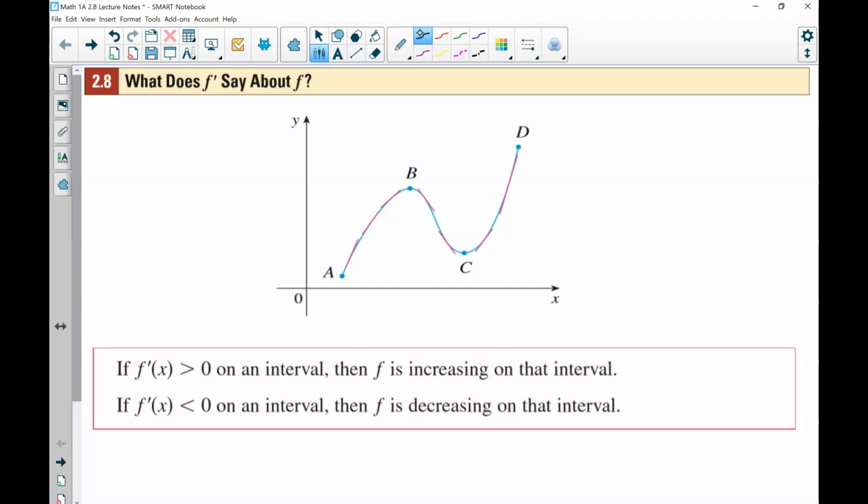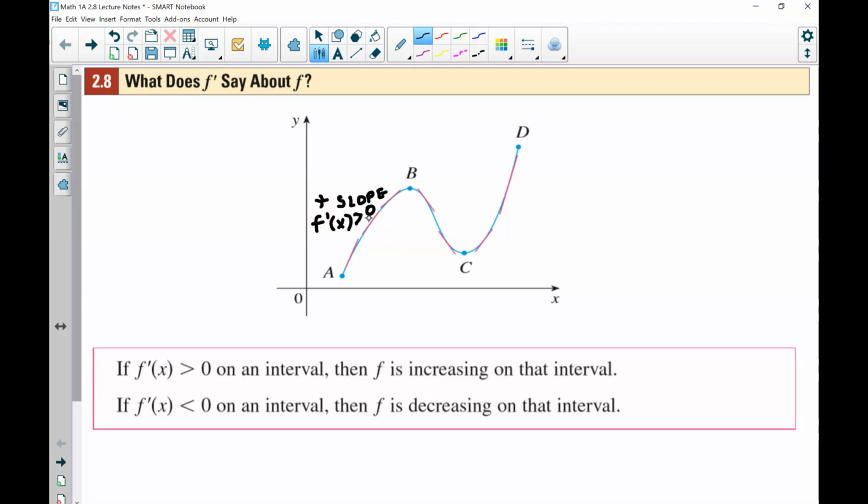So if you take a look between A and B, because they have a positive slope, then we can say that f prime of x is greater than 0.